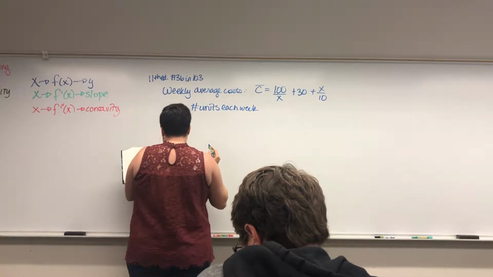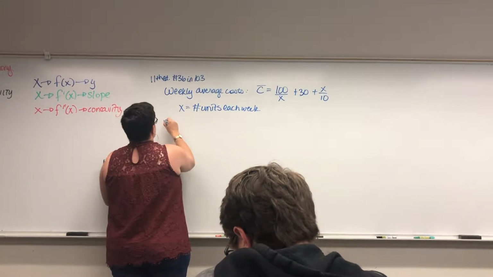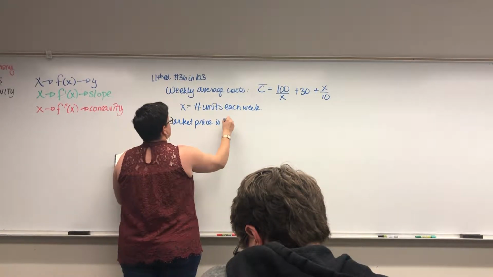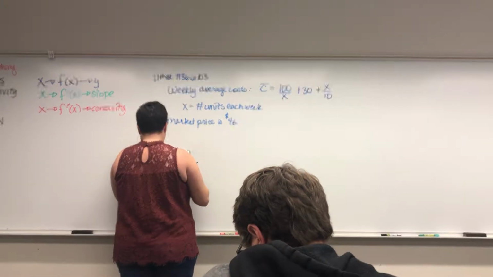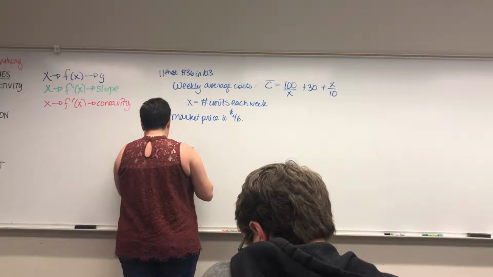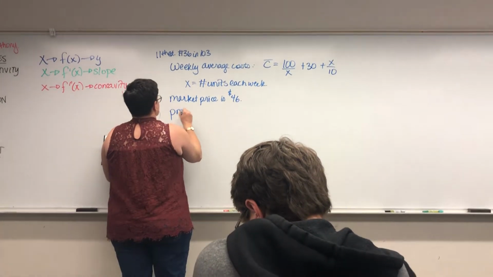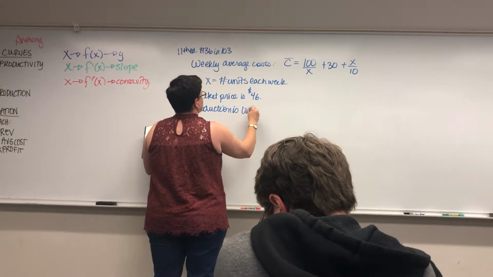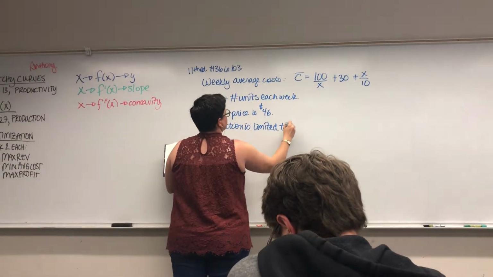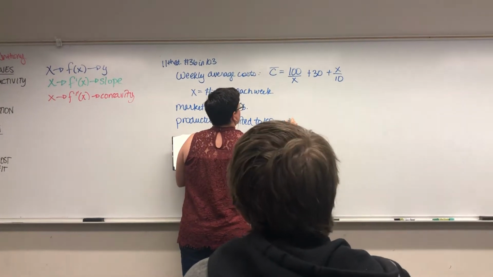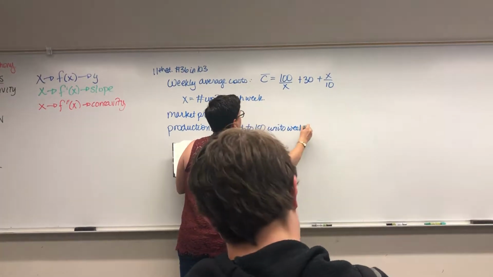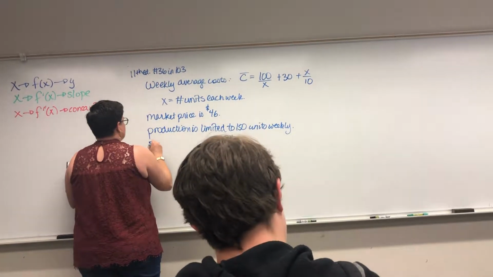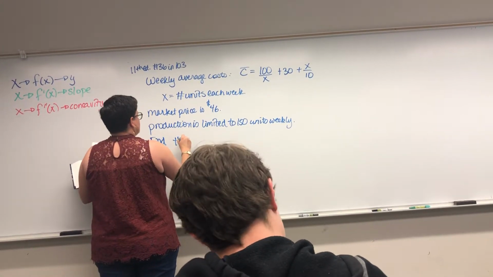Okay. We also know the competitive market price for this company's product is $46. Okay. Production is limited to 150 units per week. Find the level of production that yields maximum profit.